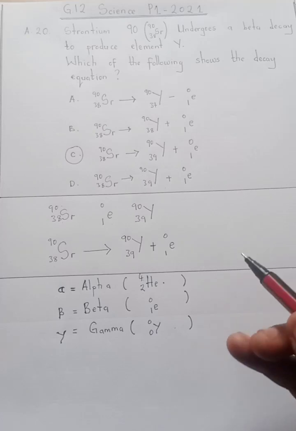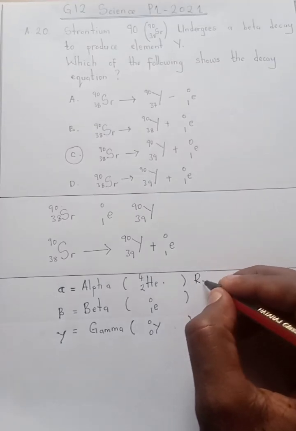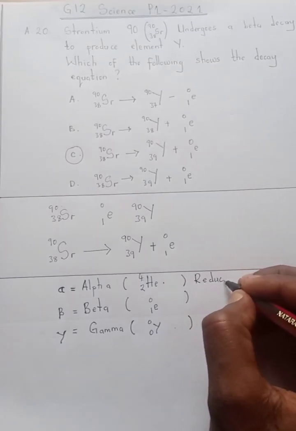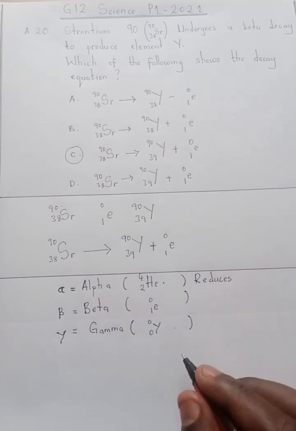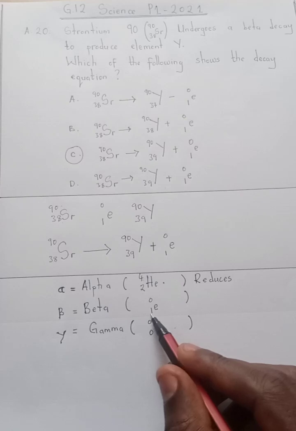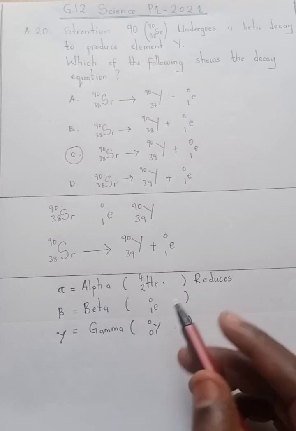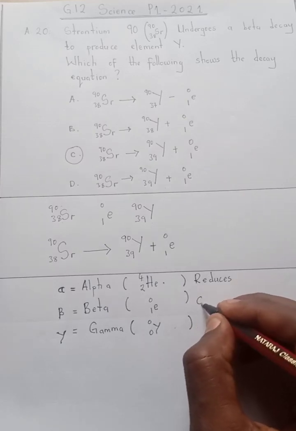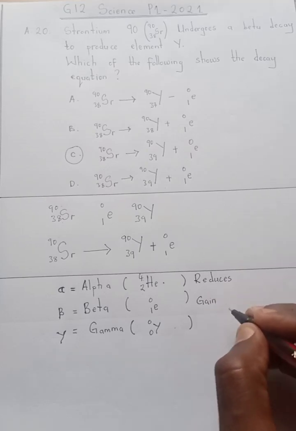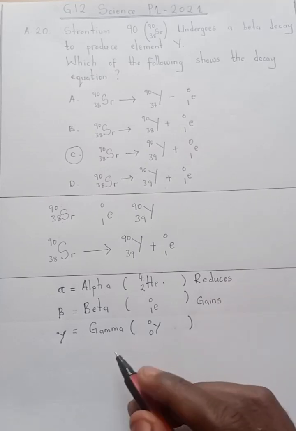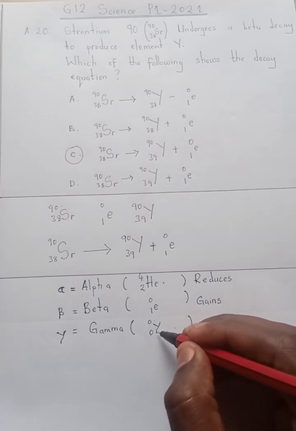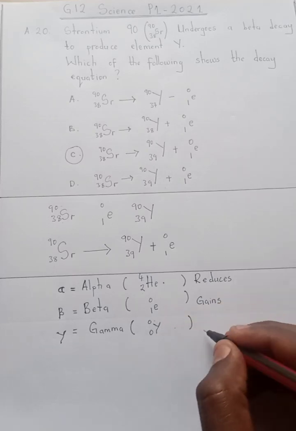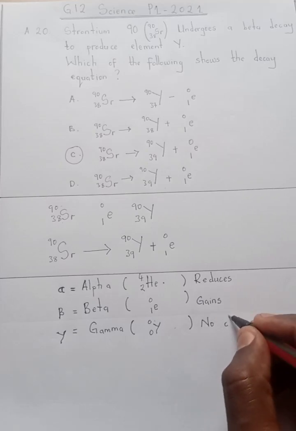So an alpha particle reduces the mass number as well as the atomic number. For the beta particle, only the atomic number changes and it involves gaining. Okay, it gains. Then for the gamma ray, neither the mass number nor the atomic number changes, so no changes.